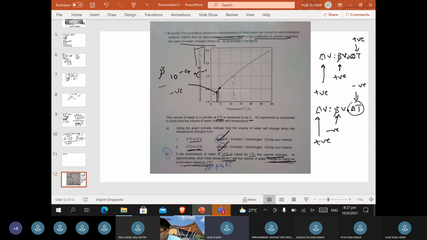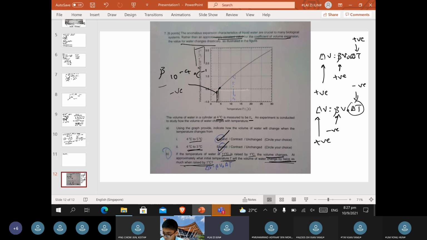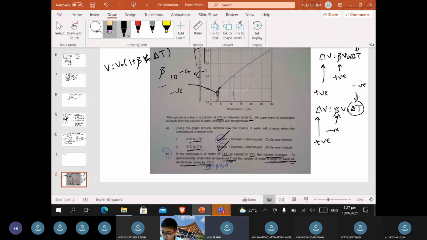What does that mean? Okay, so let's go back to this one and we see. Oh, okay. So we have this formula, right? ΔV equals β V naught ΔT.